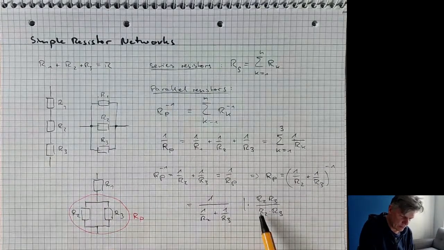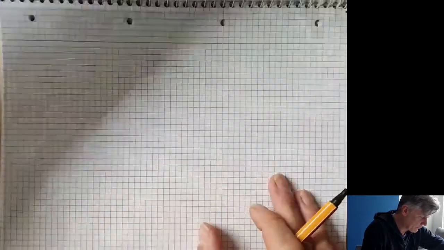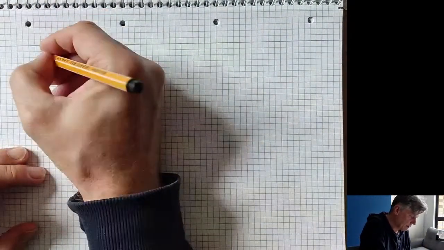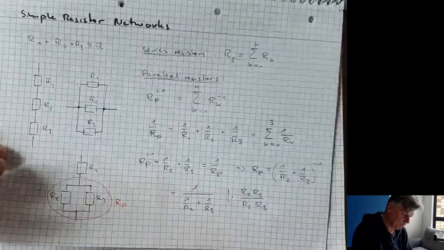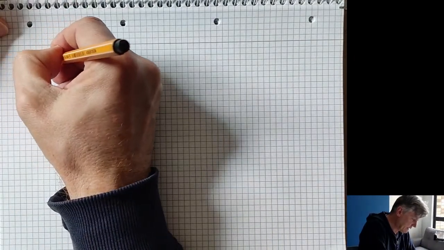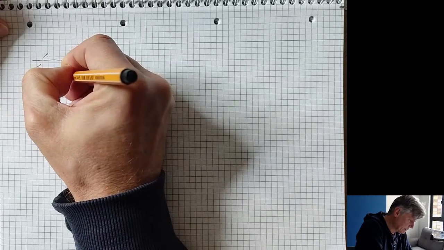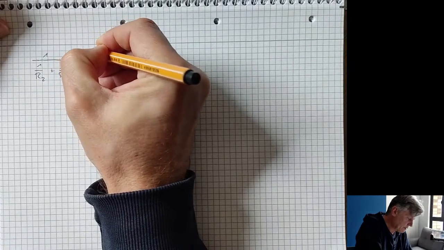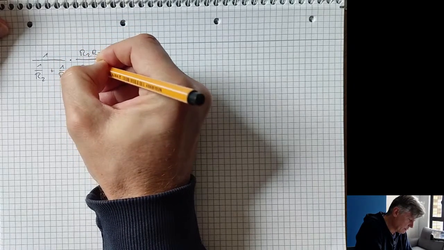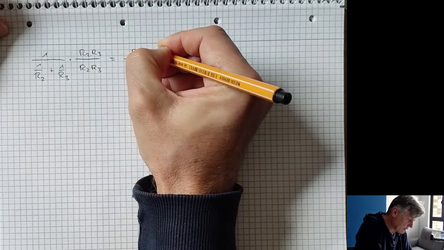So you see, this fraction is of course 1. We are multiplying the numerator by the numerator and the denominator by the denominator. So 1 divided by 1 divided by R2 plus 1 divided by R3, times R2 R3 over R2 R3, gives R2 R3 in the numerator.